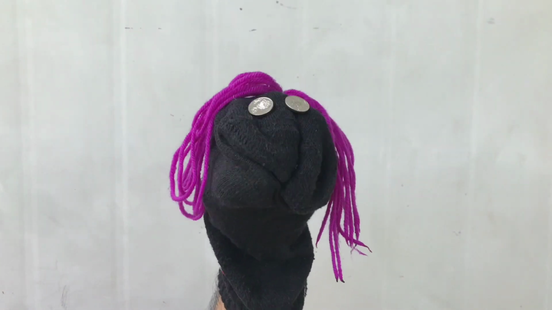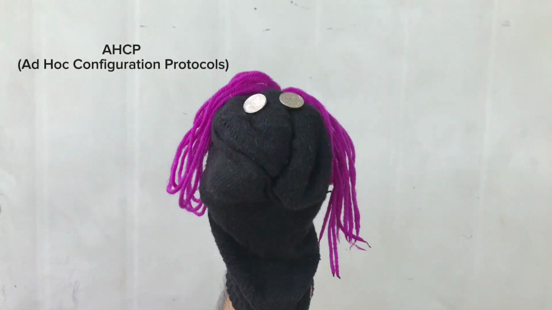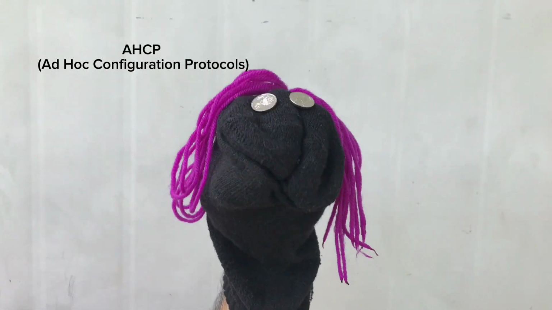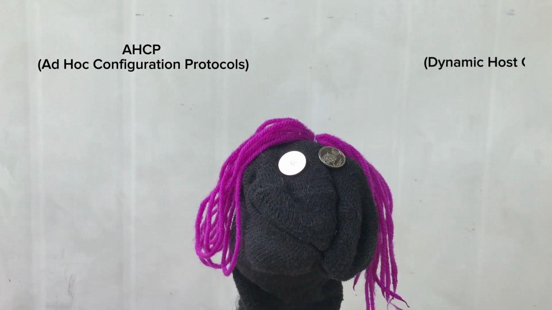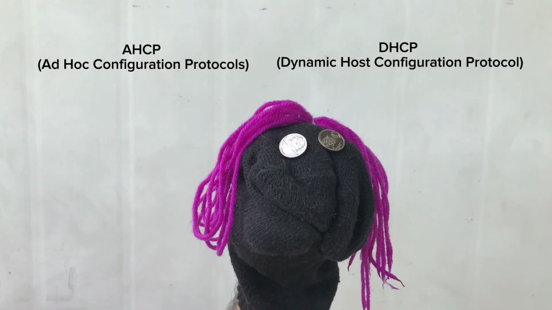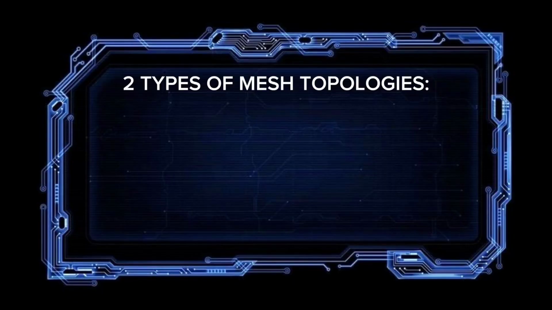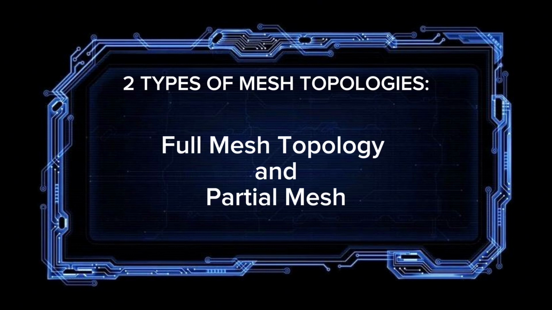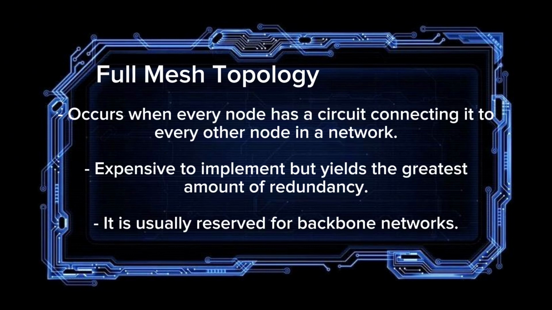In mesh topology, the protocols used are AHCP or Ad Hoc Configuration Protocol, or DHCP or Dynamic Host Configuration Protocol. There are 2 types of mesh topologies: full mesh and partial mesh. Full mesh topology occurs when every node has a circuit connecting it to every other node in a network.